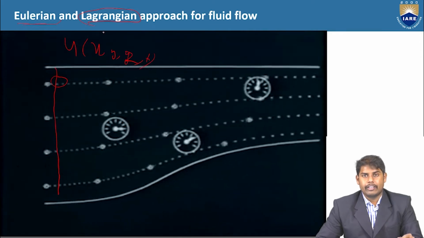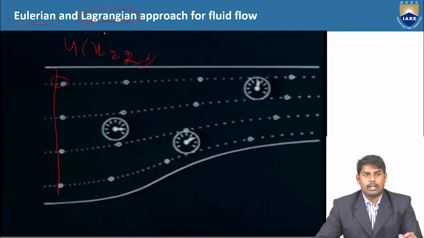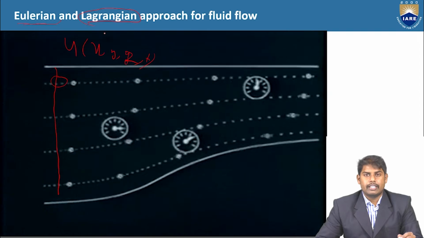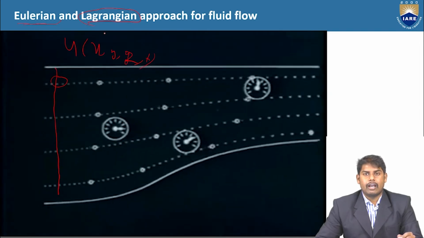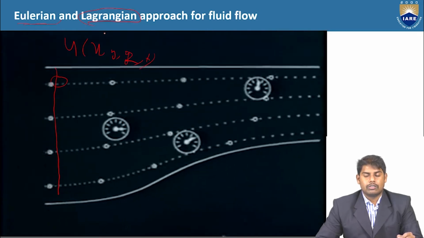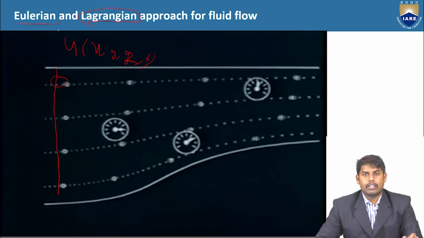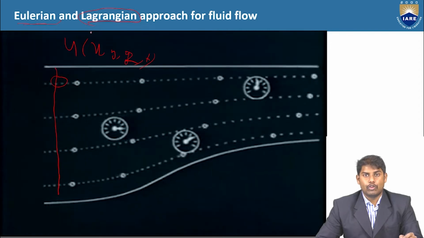Basically, the Lagrangian approach is used for space, let's say higher altitudes of the Earth's surface. The density is less, and the fluid particles will have a large distance between molecules. That is why in those cases we will use the Lagrangian approach. But in the Eulerian case, there is a continuous distribution of fluid particles.